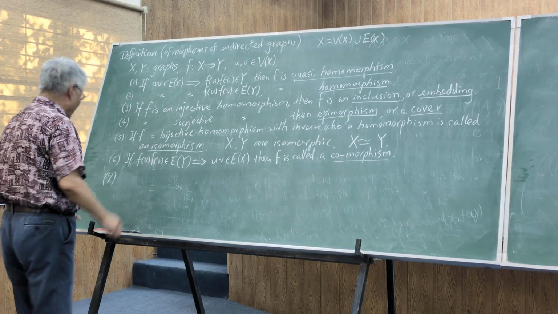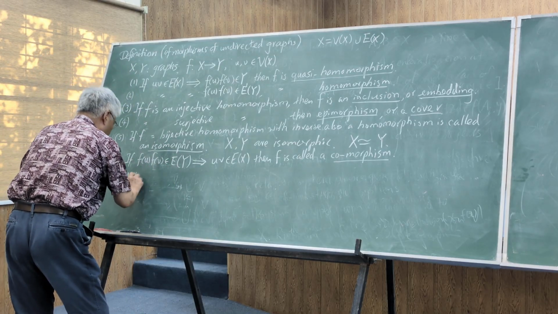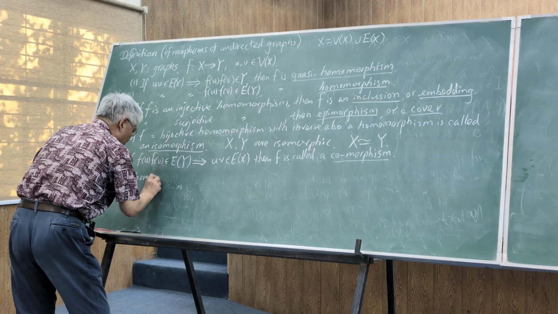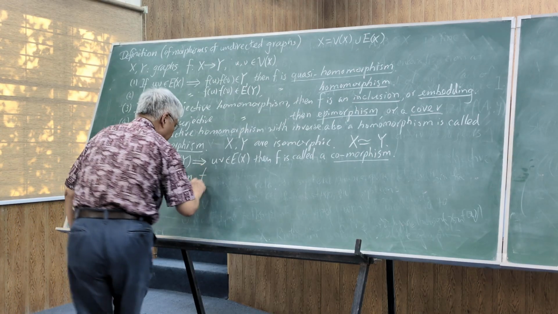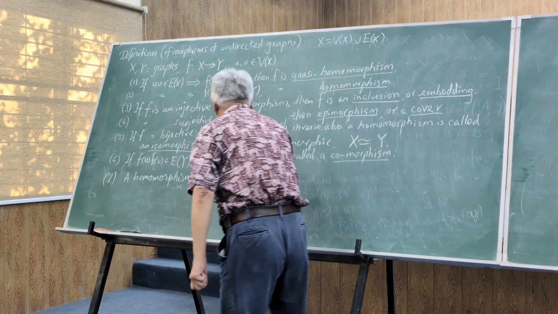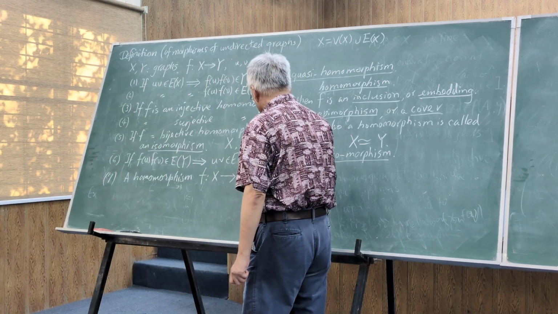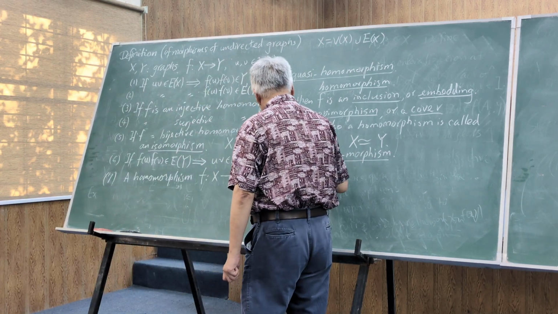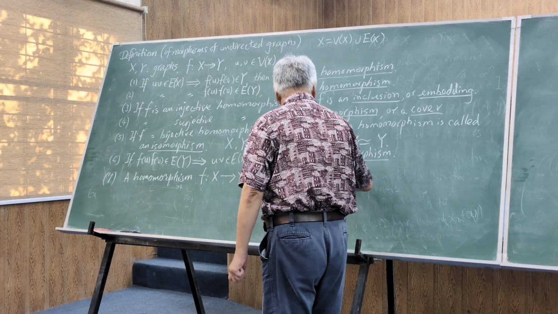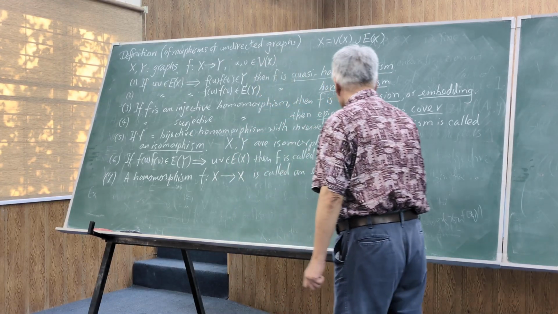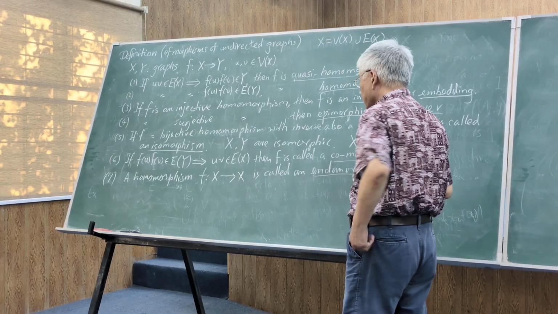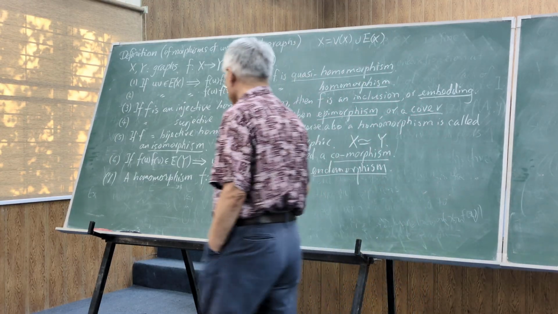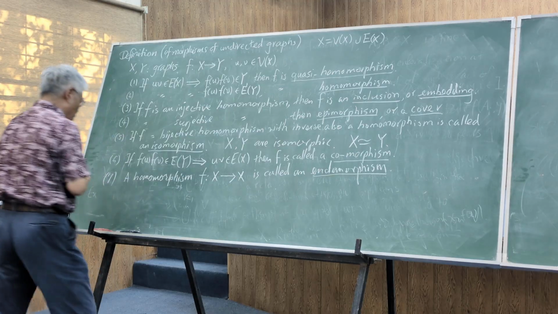So the homomorphism F from X to X itself is called the endomorphism. An isomorphism from X to X itself is called an automorphism.